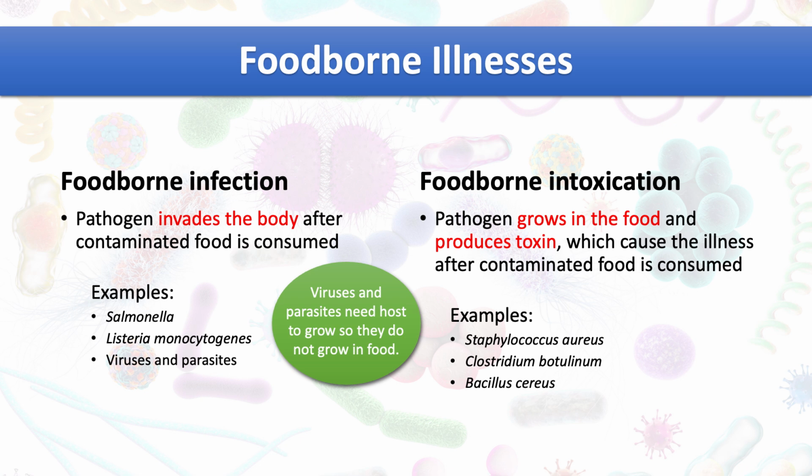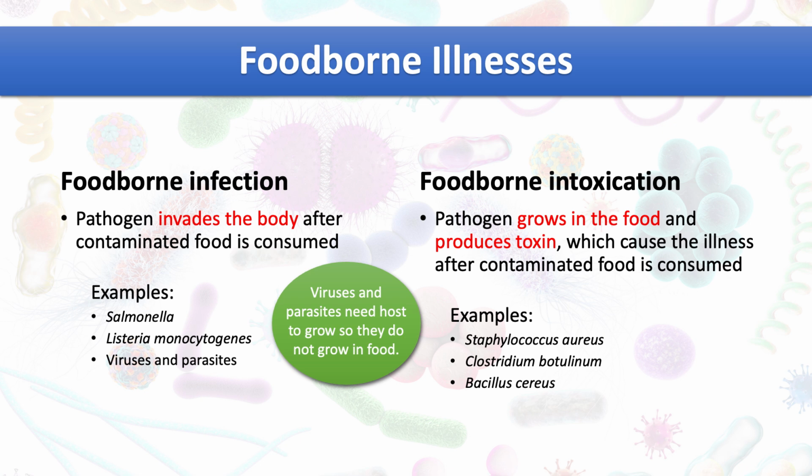After that, the pathogen is in the person's body and invades the body. Some bacteria, such as Salmonella and Listeria monocytogenes, can cause foodborne infections. In addition to that, viruses and parasites only cause foodborne infection because they only grow in the body but do not grow in the food.